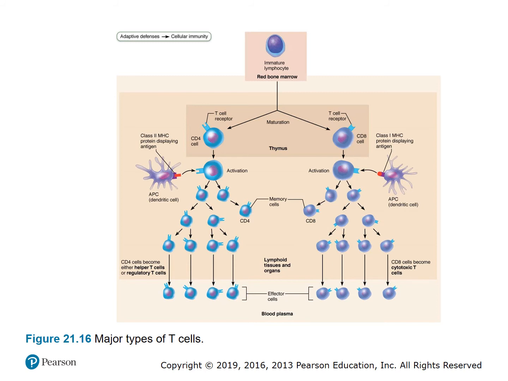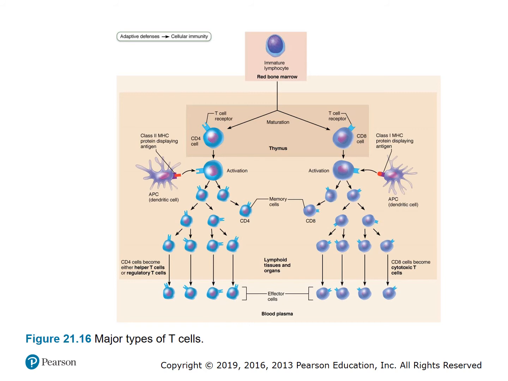For the CD4 cell, activation is going to include its binding to a class 2 MHC protein displaying an antigen, so something from a dendritic cell, and then it's going to proliferate and become either helper T cells or regulatory cells. There will be some component that is going to turn into memory cells.